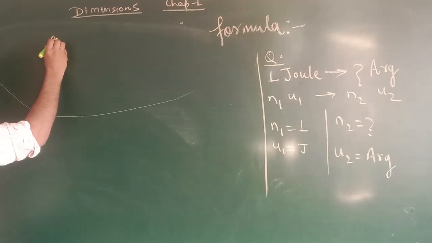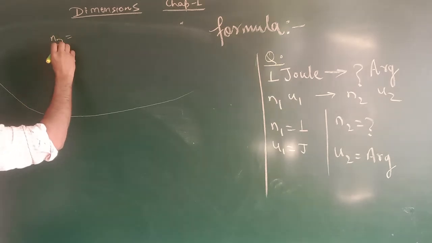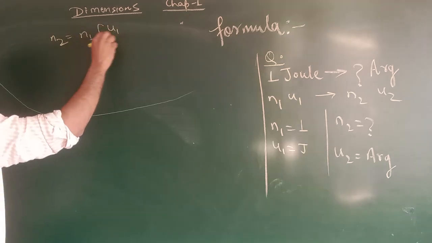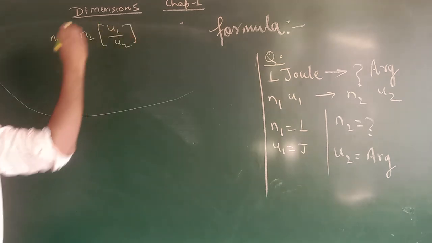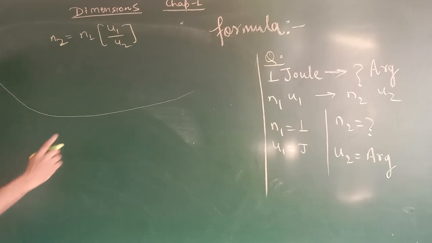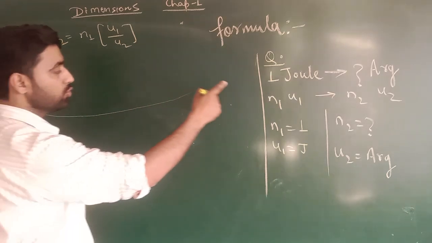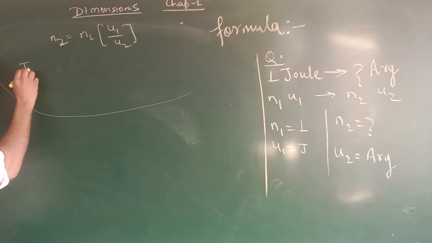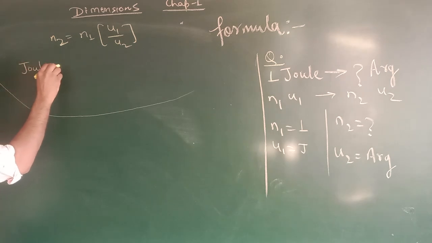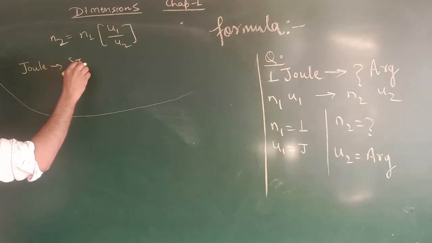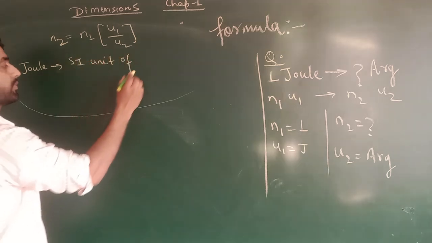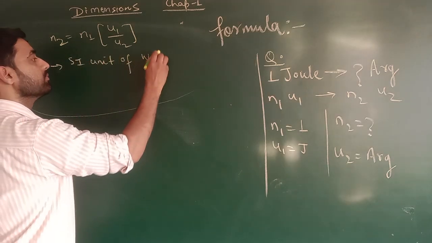The formula is n2 is equal to n1 times u1 by u2. First of all, what is the meaning of joule? Joule is the SI unit of work or energy.